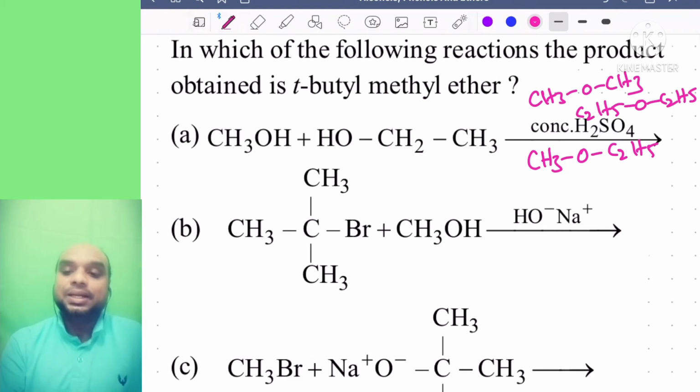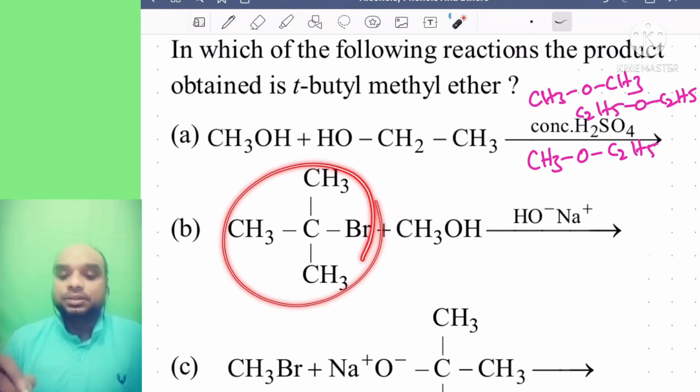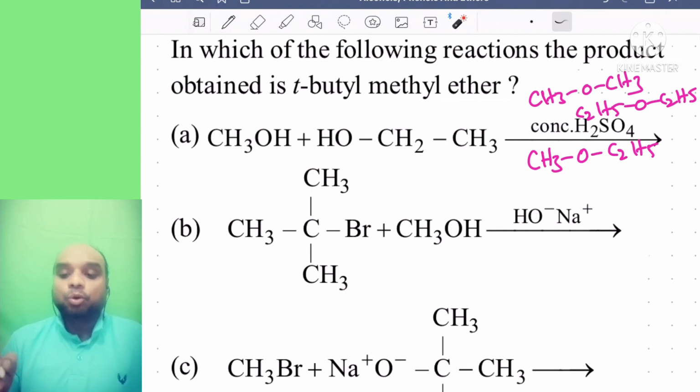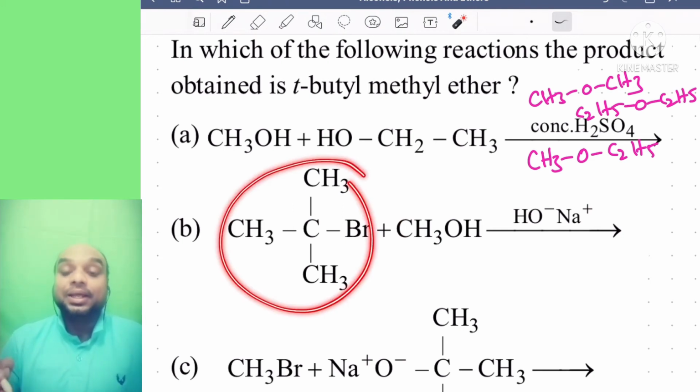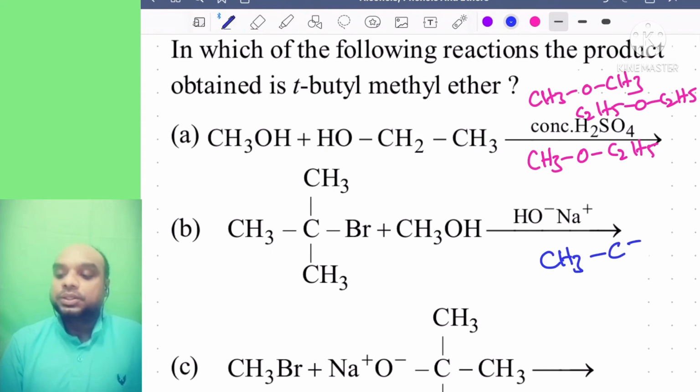And next, the second case. Here methyl alcohol is there, and here tertiary butyl bromide is there, with alcoholic KOH, or alcoholic NaOH. In the presence of that, the alkyl halide undergoes dehydrohalogenation and provides isobutene, CH3 C double bond CH2, with CH3.